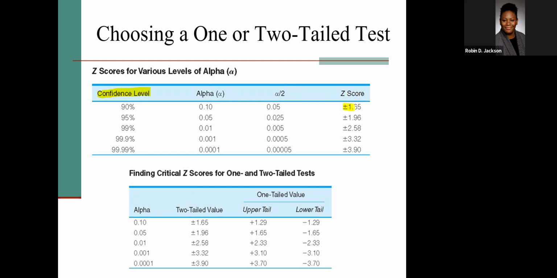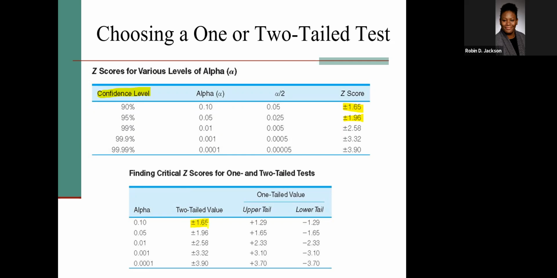Well, take a look at these numbers. And then I'll do that one as well, because that's one of our most common ones. Remember the alpha in this is divided by 2, because we had to account for the fact that the alpha was covering 2 different regions. If you look, you'll see that those numbers correspond to the two-tailed value for one and two-tailed tests.